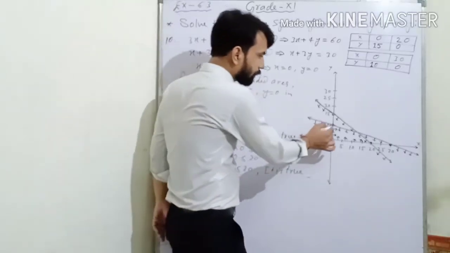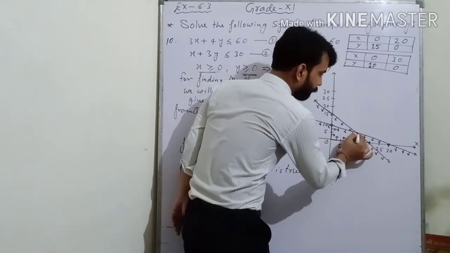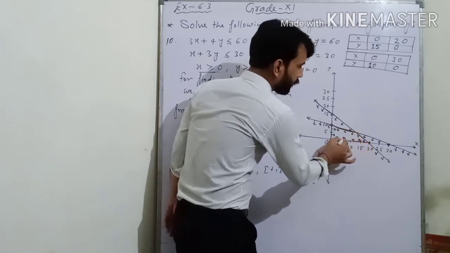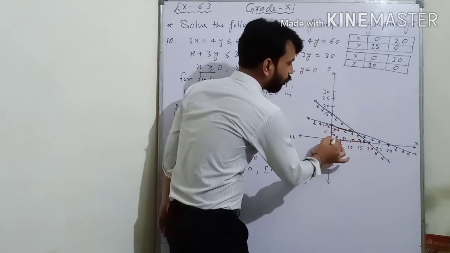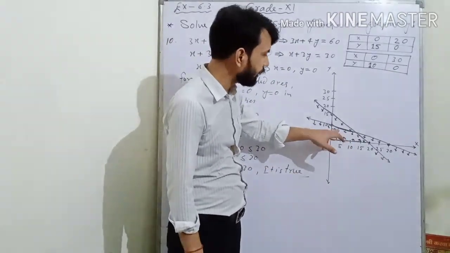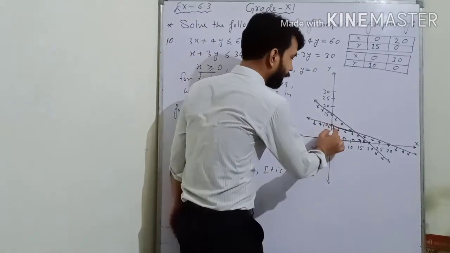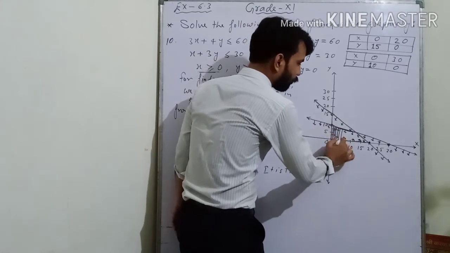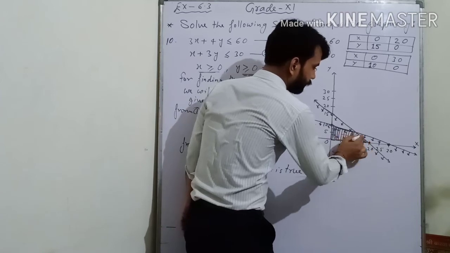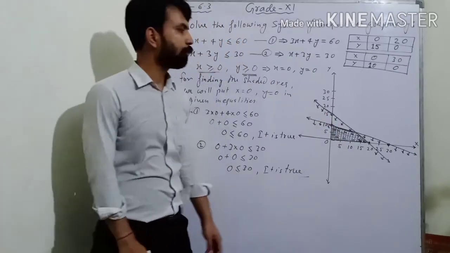So see, pay proper attention here. This portion, this quadrilateral, is the common shaded region for all 4 linear inequalities, because in this region the arrows of all four lines are present. Then we will have to shade this common portion.